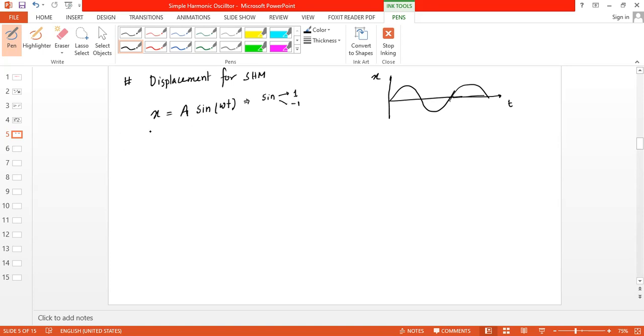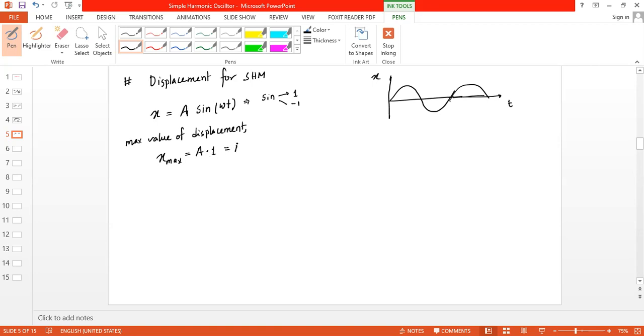So if I say the maximum value of displacement, আমি যদি ম্যাক্সিমাম ভ্যালু অফ ডিসপ্লেসমেন্ট জানতে চাই, that is x max, এটা কত হবে বলতো? a into maximum value of sine function. a is a constant here, so the maximum value of sine function is 1.